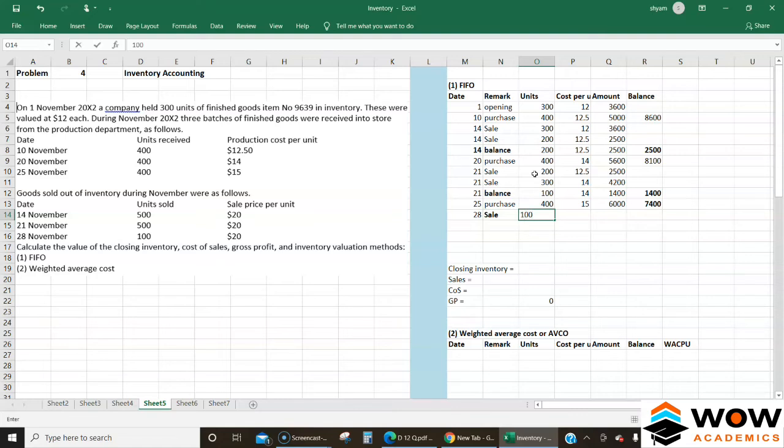As per FIFO, this is what would be sold first, and the balance inventory would be 7,400 minus 1,400. Or else we could also put it like this. We can just take it as balance.